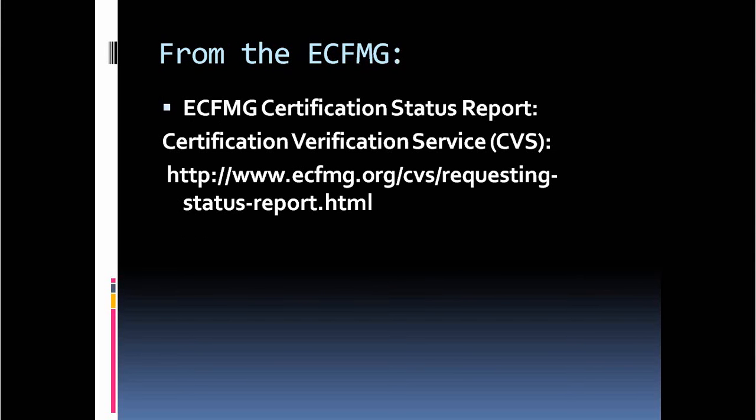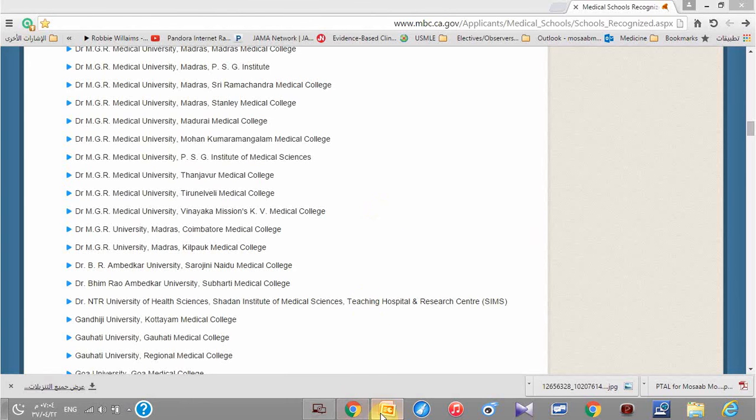So from the ECFMG, what you need to send is the ECFMG certification status report. So this is going to say that this guy is ECFMG certified, and this paper costs some money. I think it costs around $35. I think you need to check that online to make sure your information is up to date.